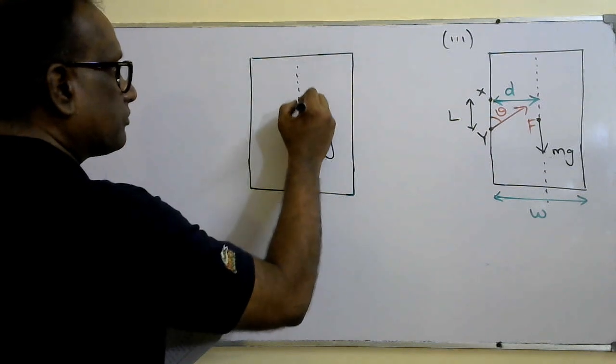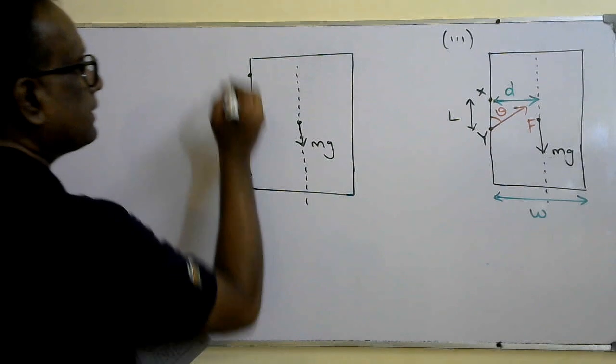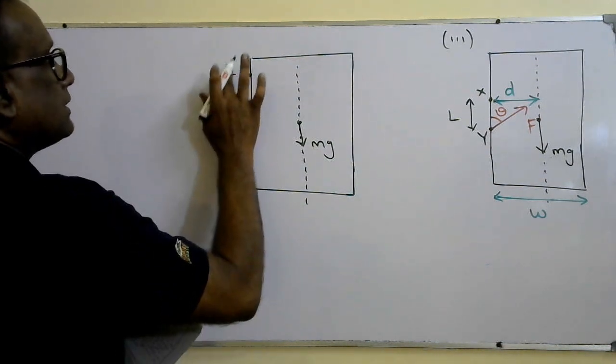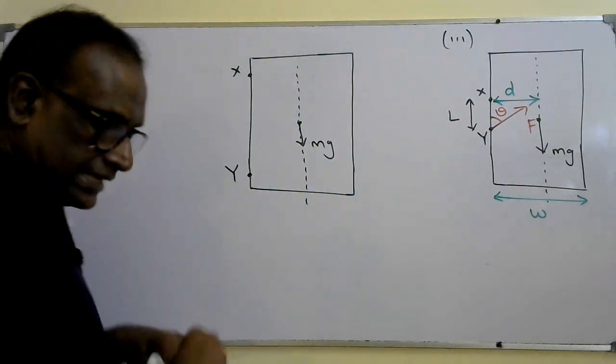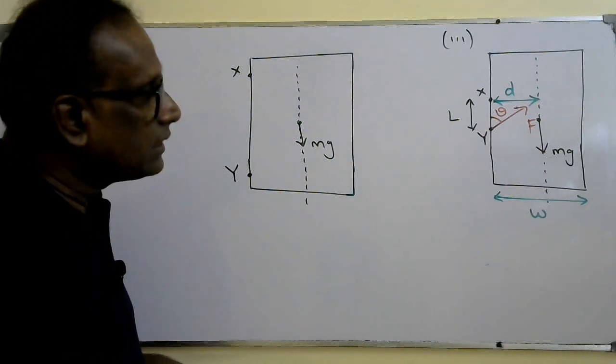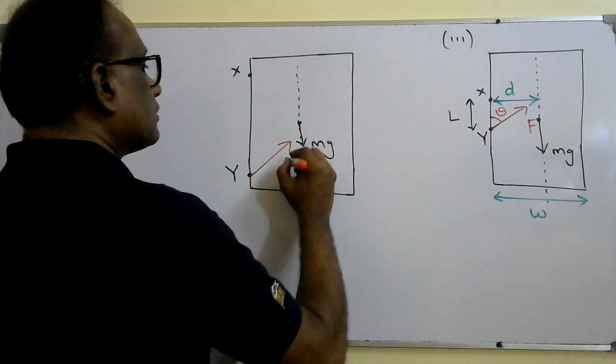This is the line of action of the weight. If the hinges are far apart, like this, this is X. This is Y. The force exerted by the hinge Y on the door is in this direction. This is the force F.